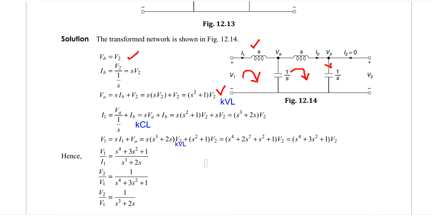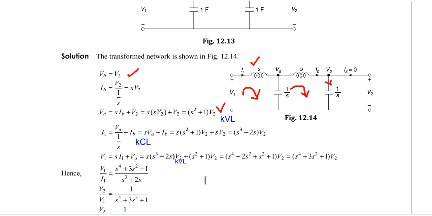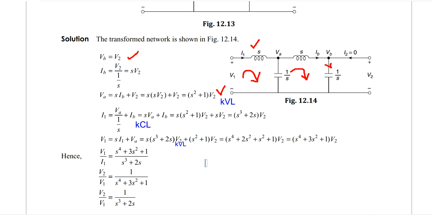Now from all these equations, let us check for the required ratios. Where can we get V1 by I1? This V1 is in terms of V2, and this I1 is also in terms of V2.